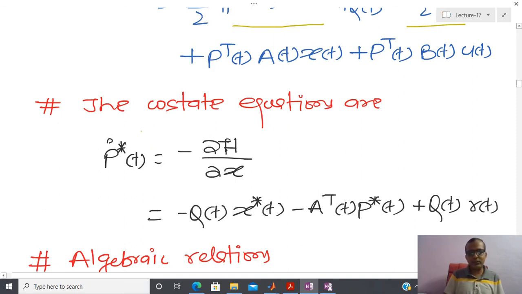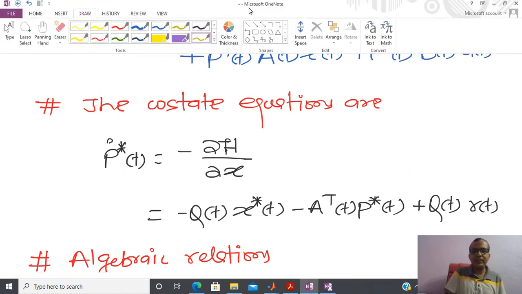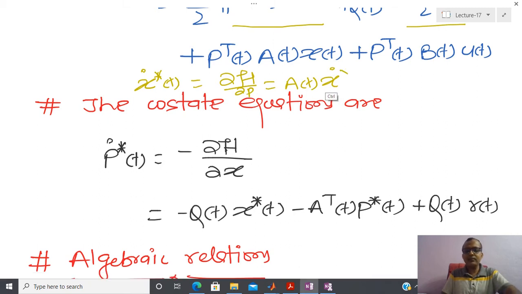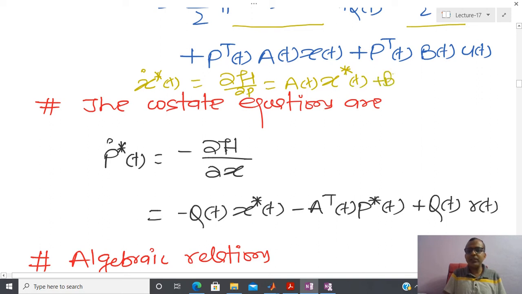If you solve x dot star(t) equal to partial H by partial p, you get A(t)x star plus B(t)u star, which is time varying.